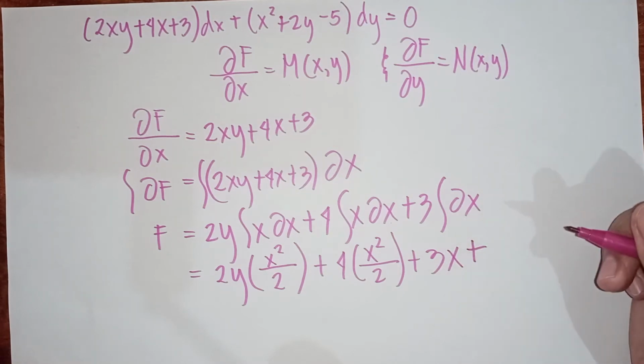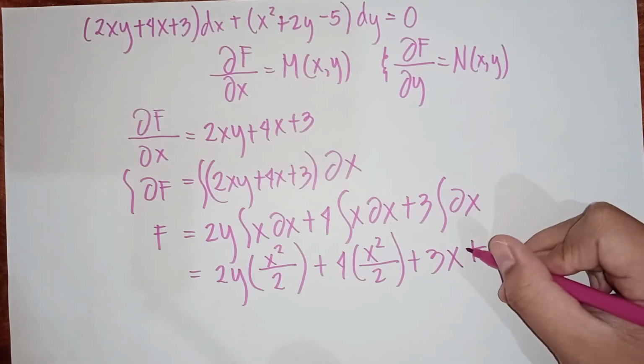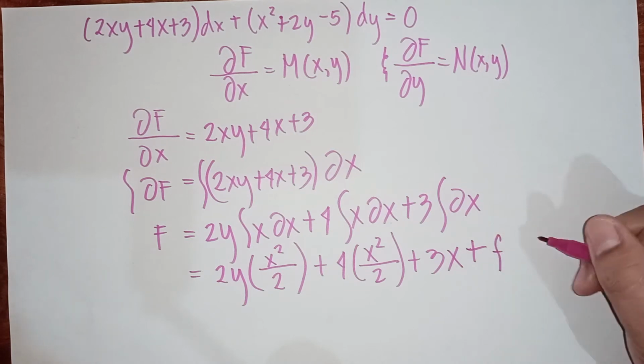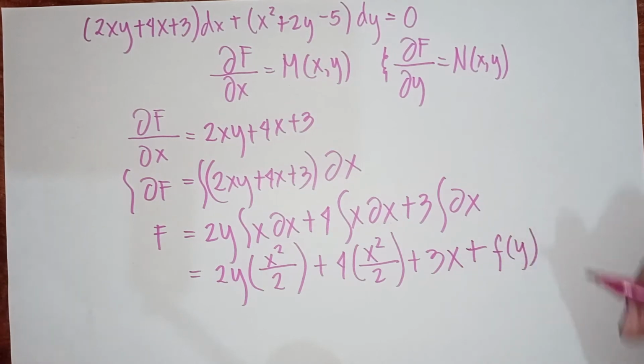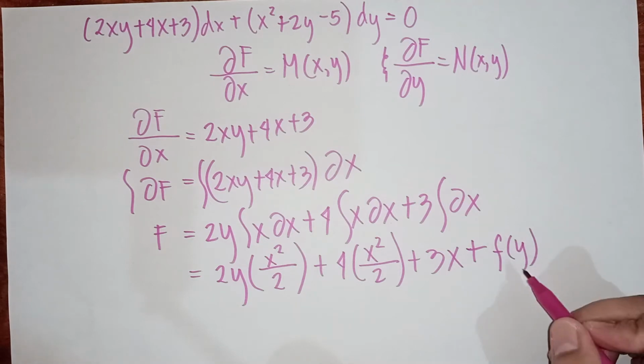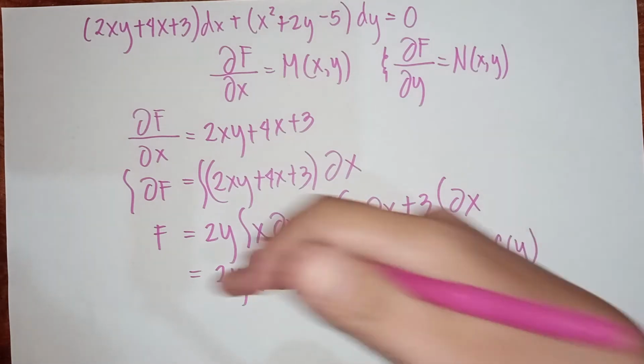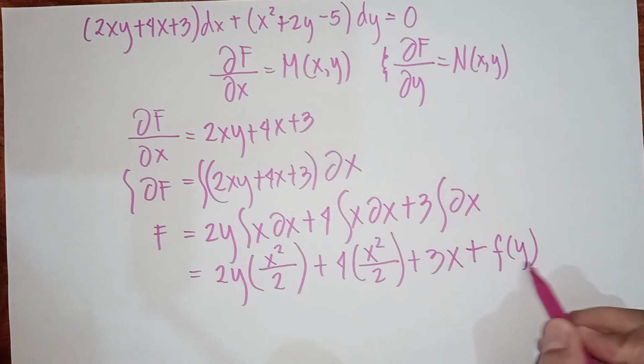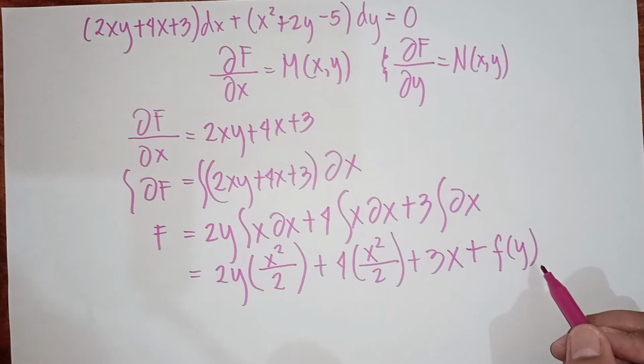Then, we are going to add a constant, but we are going to add here the function of y. Okay? Why did we put f of y? We're going to discuss later, once I have simplified this, why we are going to put f of y instead of c.